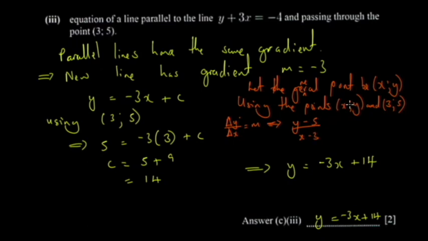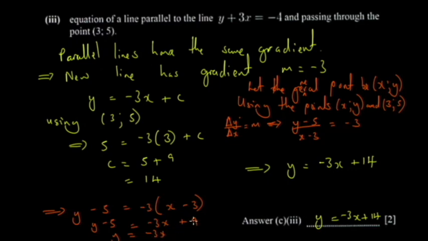So you get y minus 5 equals -3 times (x minus 3). So y minus 5 equals -3x plus 9. So y equals -3x plus 9 plus 5, which gives plus 14. It's still the same as what we got here.